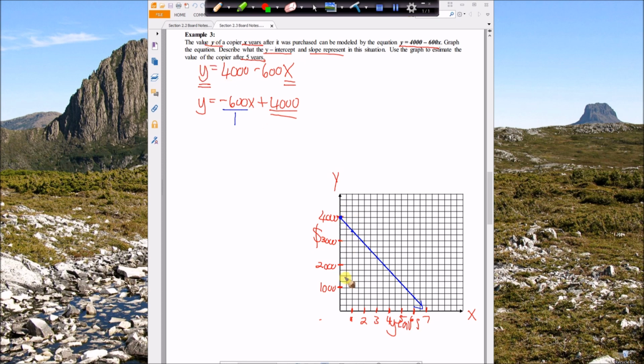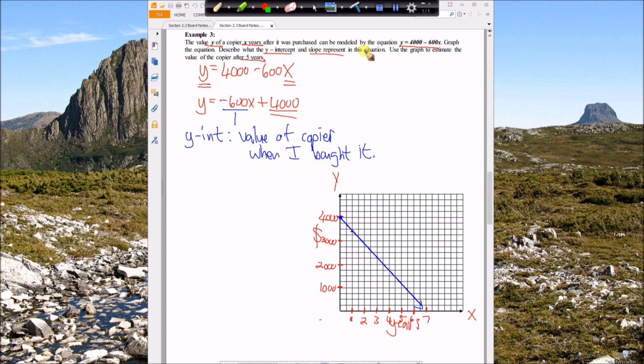So this means in year 0, when I just bought the copier, the value of the copier was 4,000. So the y-intercept is the value of the copier when I bought it, or year 0, however you want to think about that.